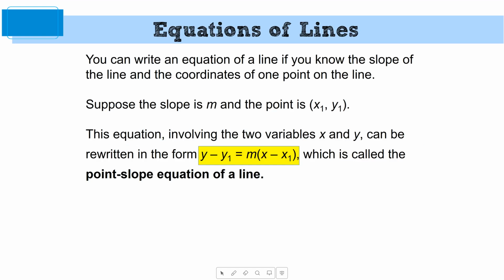Which is that? y minus y1 equals m times the quantity x minus x1. The point is x1, y1. The slope is m. The nice thing about point-slope form is that if you do point-slope form and you miss slope-intercept form tremendously, you can easily convert that into slope-intercept form. Going the other way is not that easy.